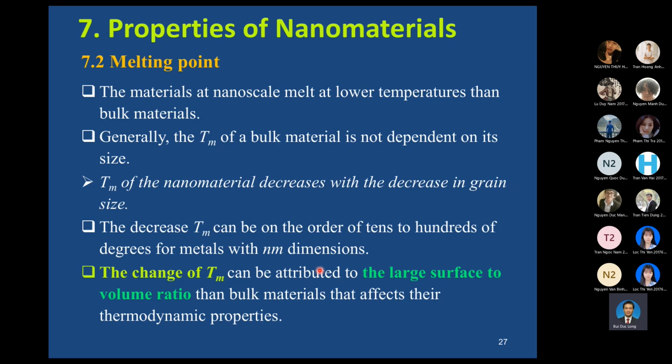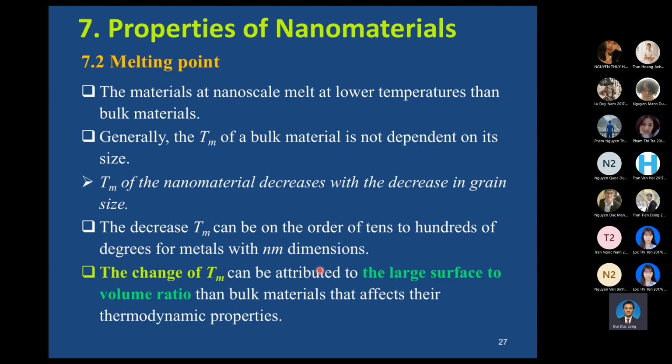For example, you put one bar of copper in the furnace and melt it down. The melting temperature of copper will be 1083 degrees. Of course, maybe you also know that this temperature can be a little different with the impurity inside the material.